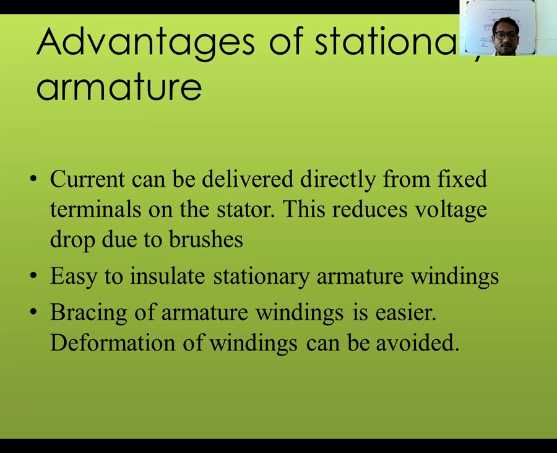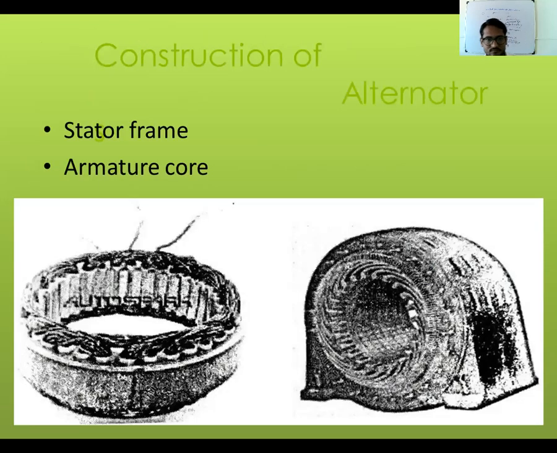It is easy to insulate the stationary armature winding. In the case of a stationary armature, bracing of the armature winding is easier and deformation of the winding can be avoided.